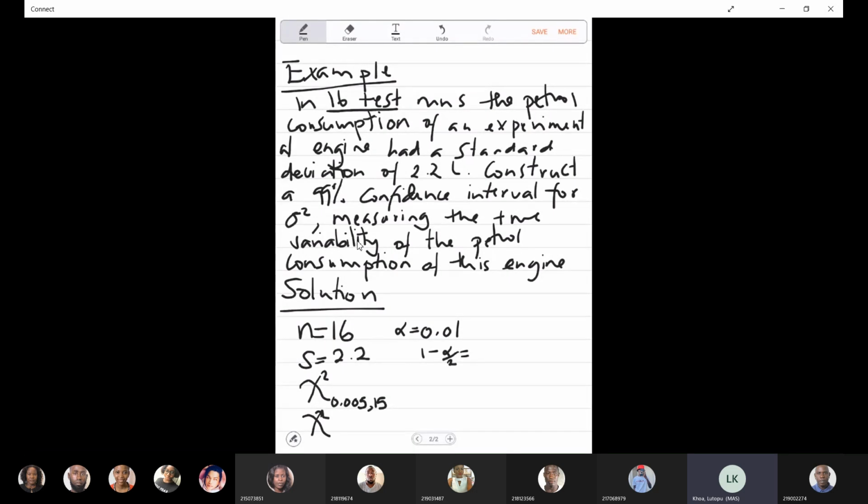This is equal to 1 minus 0.01 divided by 2, which is 1 minus 0.005, and this gives us 0.995.